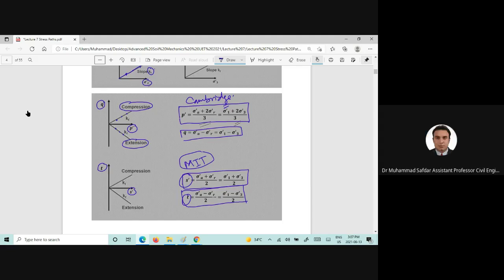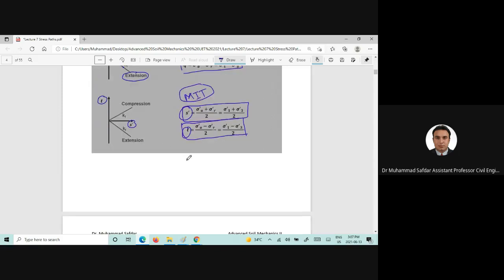That is also a good question. Sir, let me make it a bit easy for them. Yes, sir, please. You just mentioned unconfined. If we look at T, if we say that sigma A minus sigma R divided by 2 is the Mohr circle radius, then in unconfined, sigma R is 0, so it directly becomes sigma A divided by 2. So that's the same thing, sir, actually this is the Mohr circle radius. Yeah, that's the definition of Q. That's what I have taken from the definition of Q and definition of P. Okay, so this would be the radius of the Mohr circle.